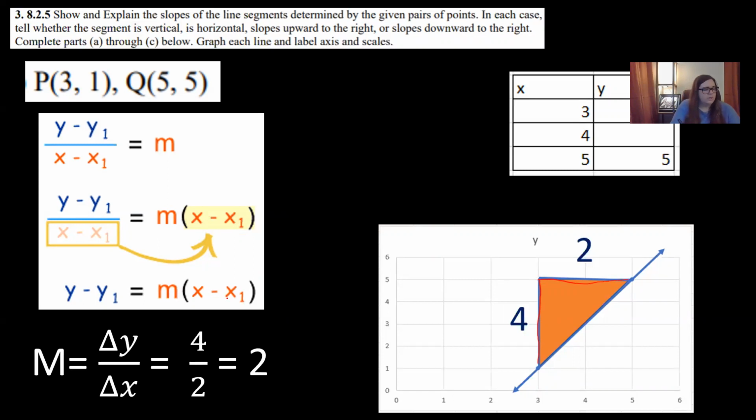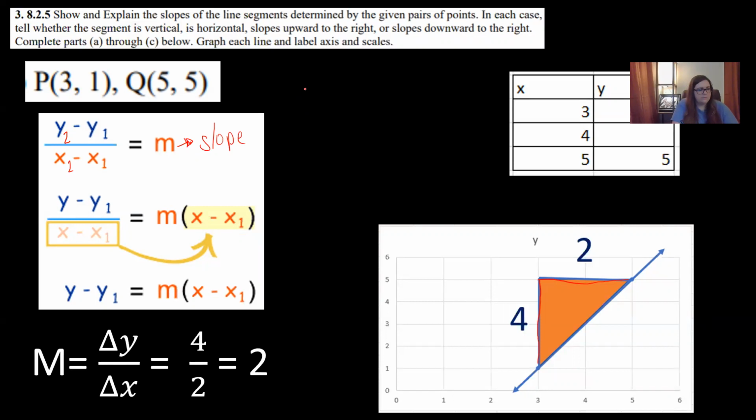And our given formula for equations such as this is y2 minus y1 over x2 minus x1 equals m. And m is simply just the letter for slope.